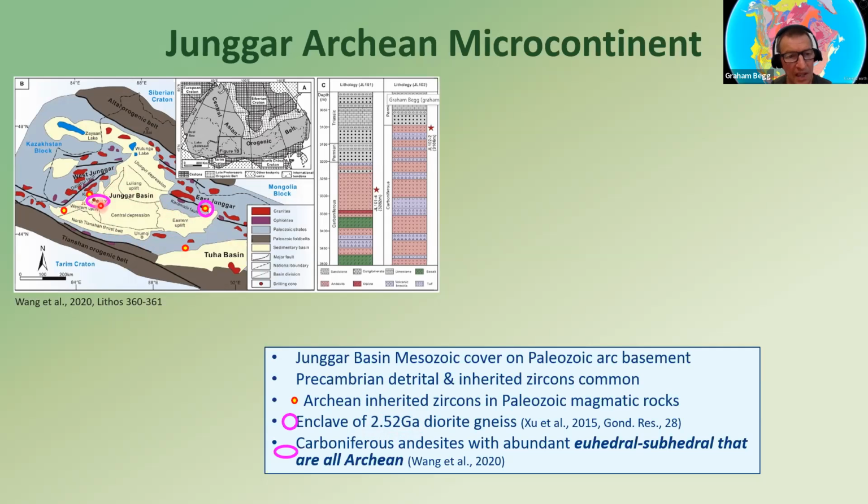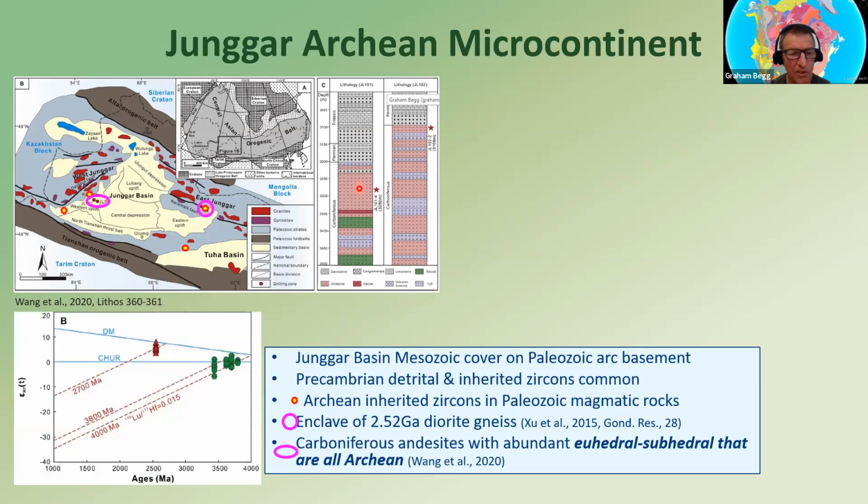And over here, there are two drill holes that go through the Mesozoic cover sequence and into the Paleozoic arc rocks. These researchers, Wang et al., found that there were inherited zircon populations in these Carboniferous arc rocks, but those populations were exclusively Archean.